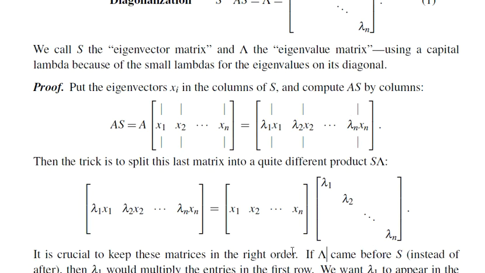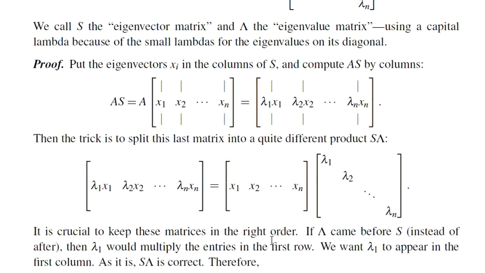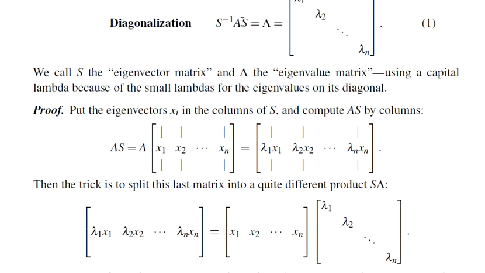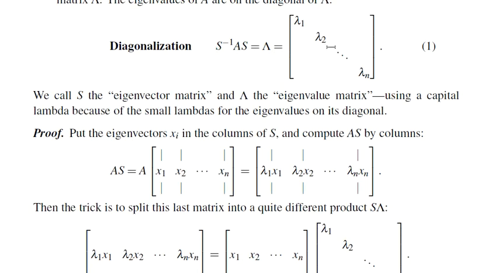Now, this is the proof, and S inverse A S is equal to this del matrix, which is having lambda 1, lambda 2 on its diagonal. Let's prove that also, to understand this and to complete this proof.